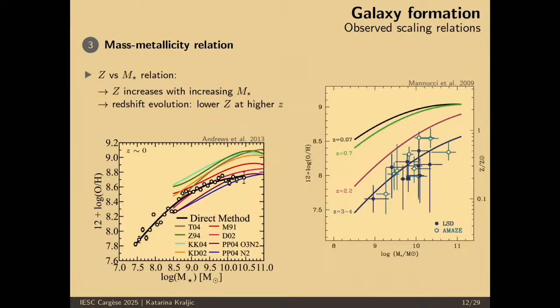There was not enough time yet to enrich the gas, and galaxies didn't have that many metals. The mass-metallicity relation is one of the tightest relations in extragalactic astrophysics. I think the scatter is officially something like 0.1 dex, which means that if you know the mass of your galaxy, you know its metallicity to a precision of about 0.1 dex, which is pretty amazing.